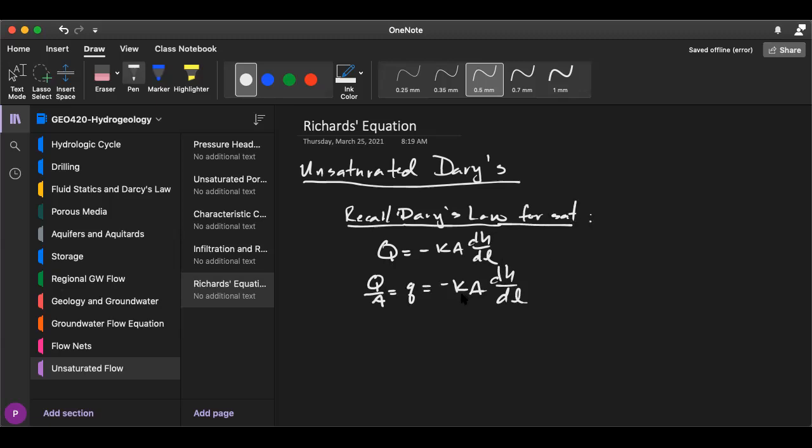And this K here is K sat. It's the hydraulic conductivity for fully saturated conditions, right?